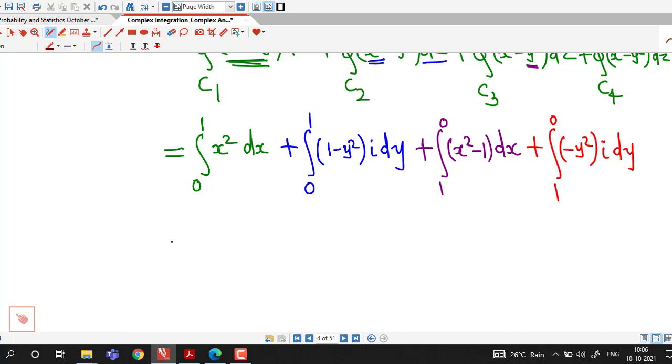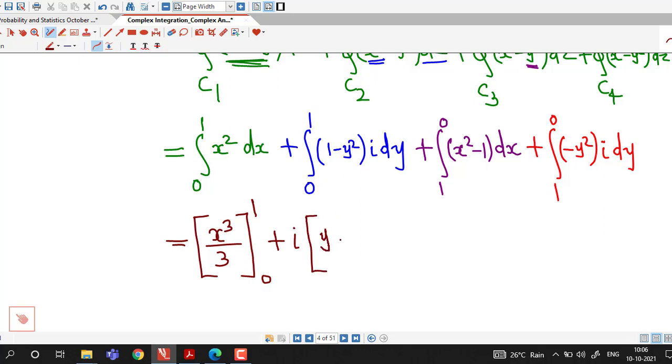So we consider now integrals. Integral of x square is x cube by 3. Limits are from x equal to 0 to x equal to 1. Here I is constant that we can take outside the integral.